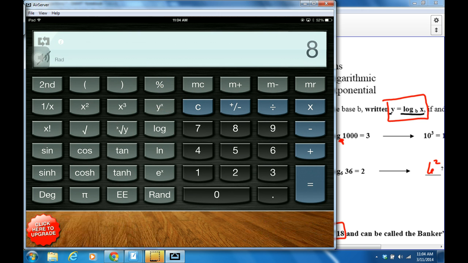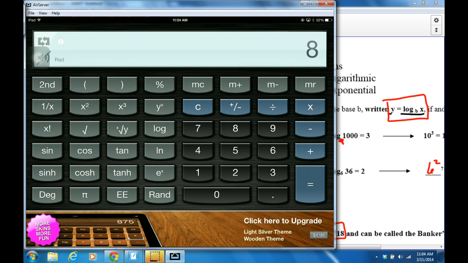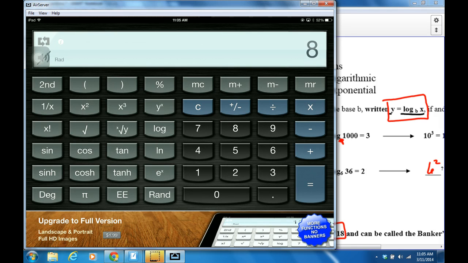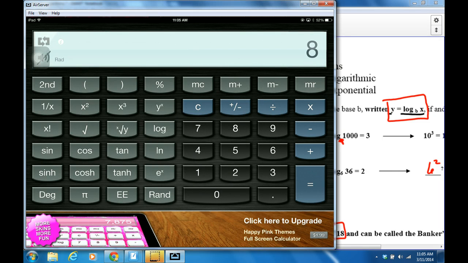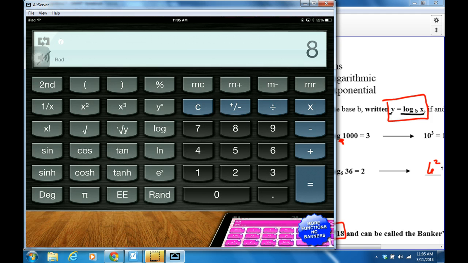Okay? Now, log in this case, once again, is in base what? 10. Okay? So just remember that you're only going to be able to take the log of base 10 in this particular format. Okay? If you had a CAS or a TI of some kind of another calculator, you would be able to change the base. But you cannot on this.